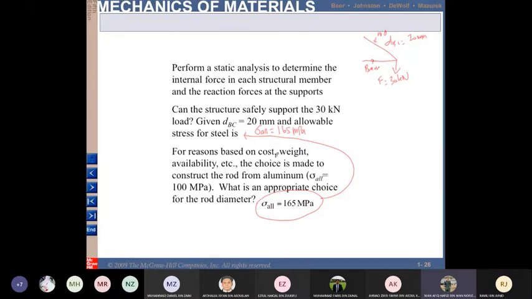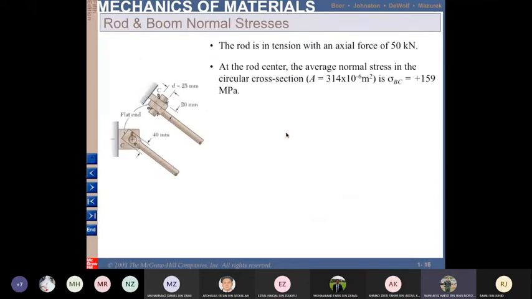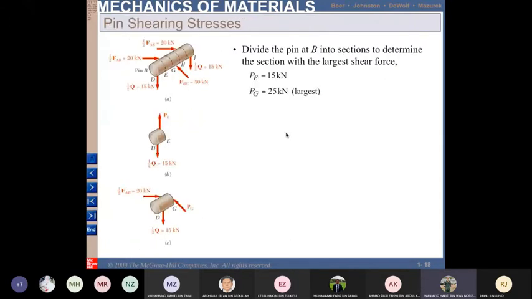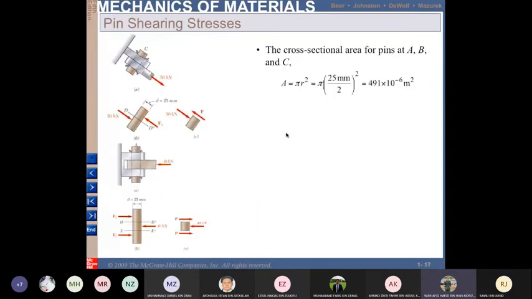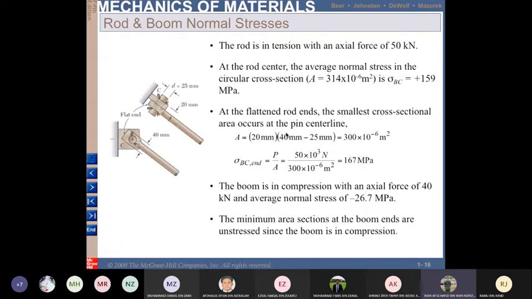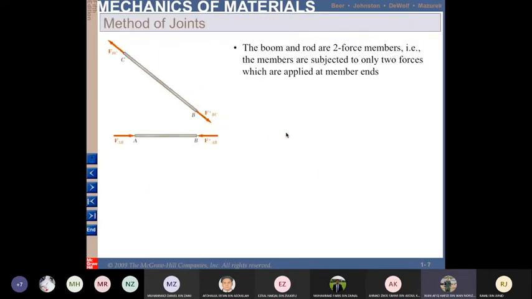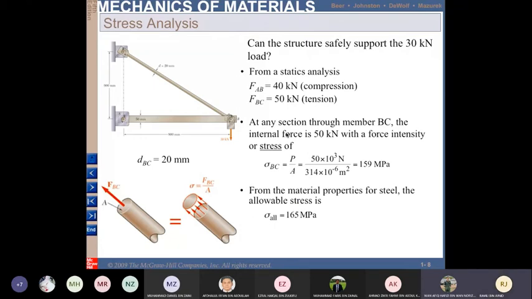For example, based on cost, I think we already solved this problem. Yes, we already solved this problem.